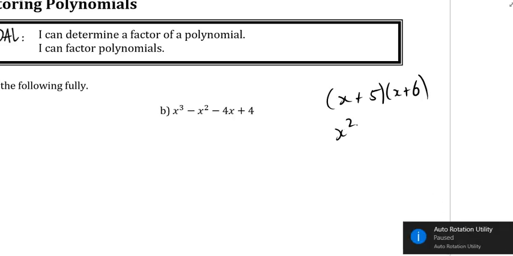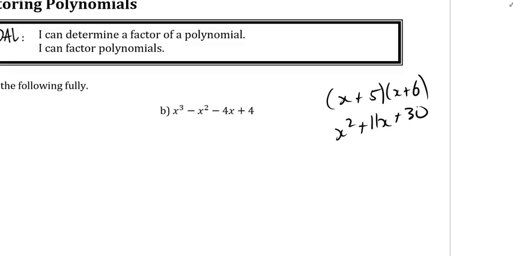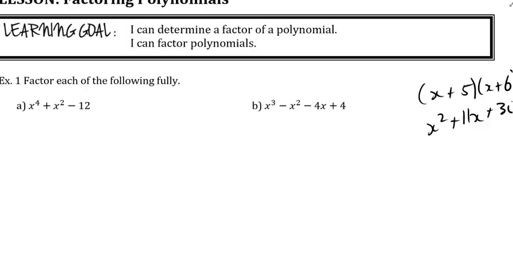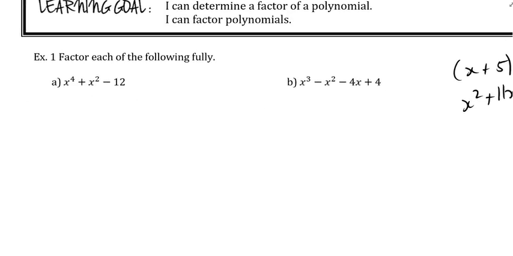And you get x squared plus 11x plus 30. And you think, well, how did we get to the trinomial? What's the pattern? Factoring is about working backwards and pulling apart that pattern, taking advantage of it to find the factors. So factoring is problem solving and thinking about those patterns.